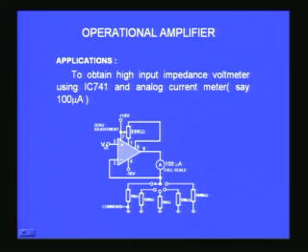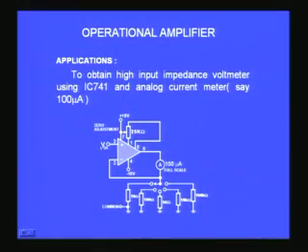So when I give 1 millivolt here, that will correspond to 1 by 10 current, which is 0.1 milliamps, which is equal to 100 microampere full scale. So this becomes a 1 millivolt meter. This 100 microampere current meter is now converted into a voltmeter along with the op amp. So it becomes a 0 to 1 millivolt range, it will show a current from 0 to 100 microamperes.